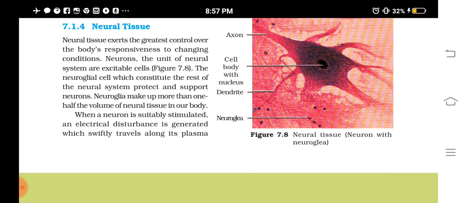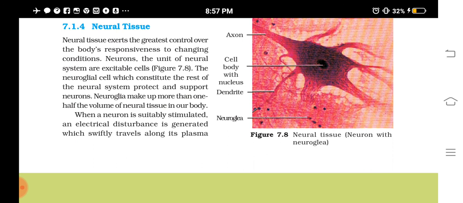Then you can see that the neuroglial cells protect and support the neurons, and they make up more than half of the volume of the neural tissue. Okay, and what is the speciality of this nervous system or neural tissue? They are excitable ones.